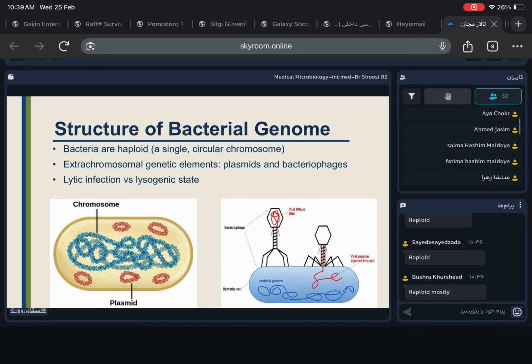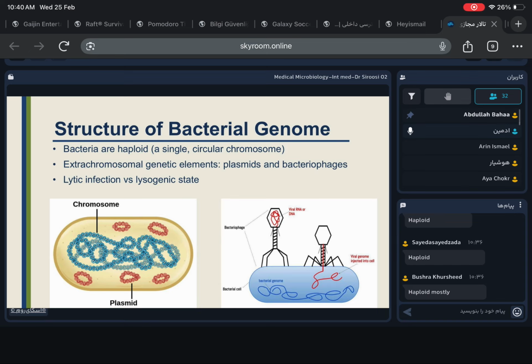So they have this protein shell, and inside this protein shell, there is the genome of the bacteriophage, which could be DNA or RNA.